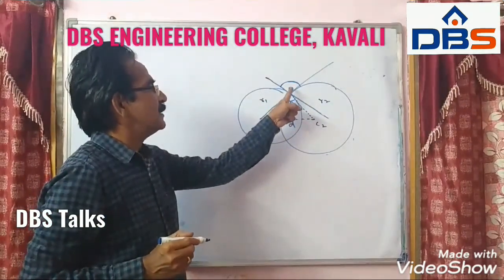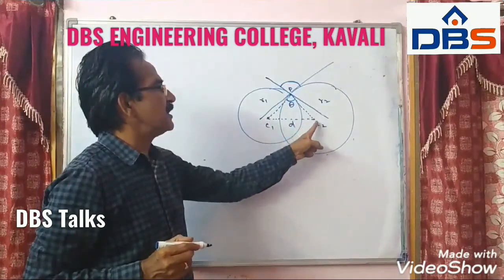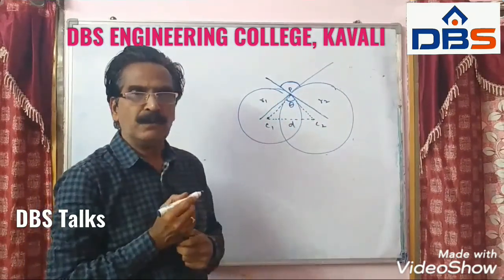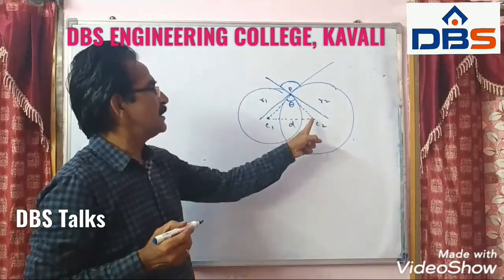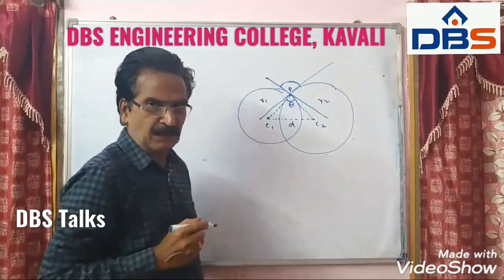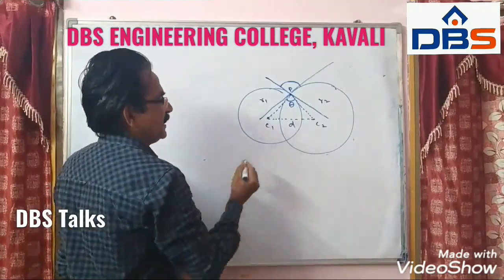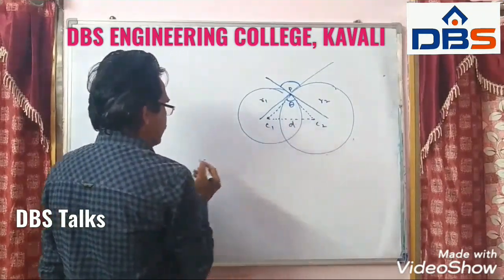From this triangle PC1C2, we have a cosine rule.